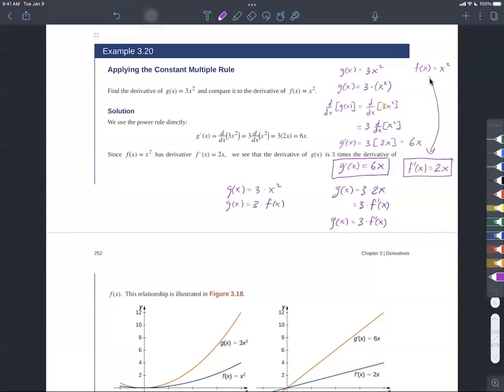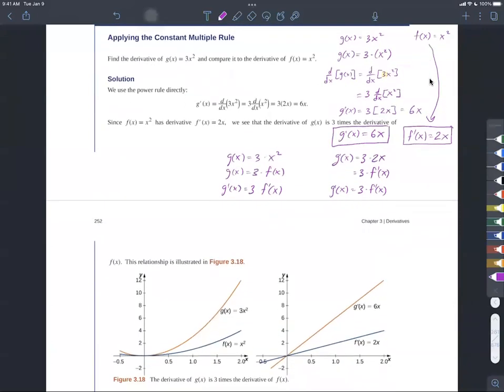So then when we took the derivative, I'm going to put a little prime here. When we took the derivative of the left side, we took the derivative of the right side. And basically, this tells us that when we take the derivative of a function, we can kind of ignore a constant multiple and just take the derivative of the function, the part that has the x in it.